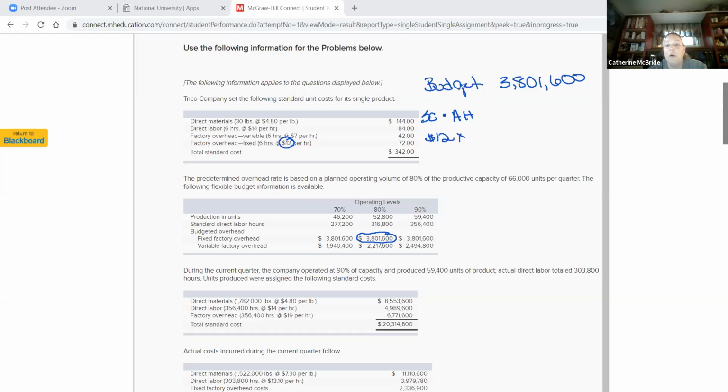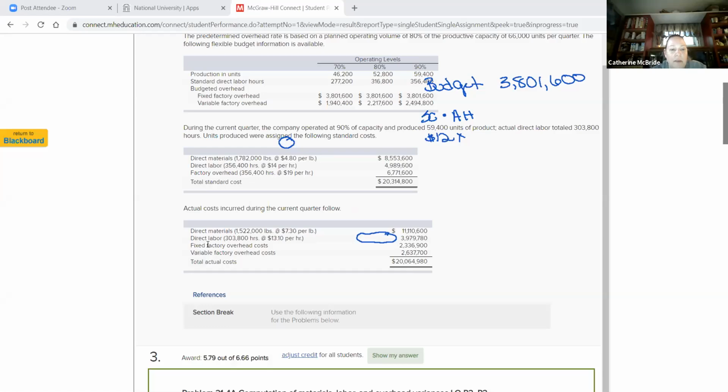That's built in here. The difference is the number of hours. If we look down here at how many hours we spent, we spent 303,800 hours.